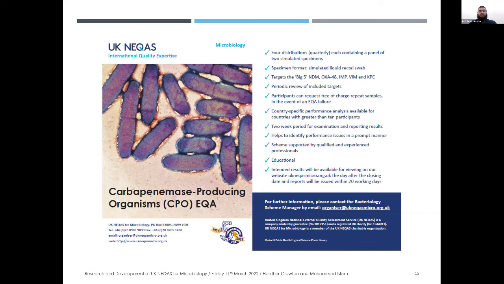If you get the results from the reference lab before the scheme closes, you should be able to still put in your information of your in-house testing as well as the reference lab results, as that's what you would be giving the patient sample. But we do say if you don't test in-house and you send to a reference laboratory, to report as not examined.